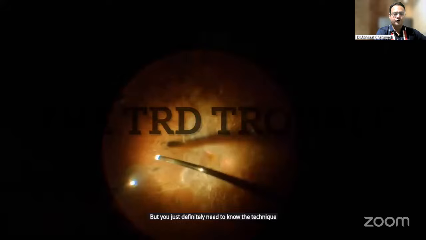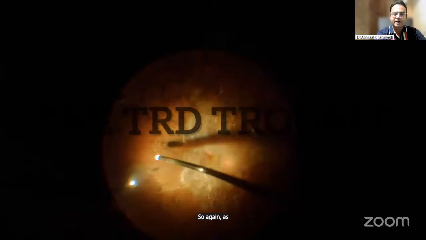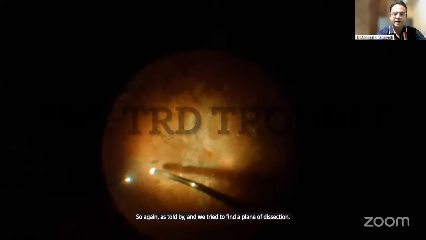So when we begin this case, this is a gentleman who's 54 years old with bad metabolic status. You can see that there's a very bad TRD involving the disc and macula, and it's even extending to the nasal side. So again, as told by our seniors, we prefer the outside-in approach, and we try to find a plane of dissection.